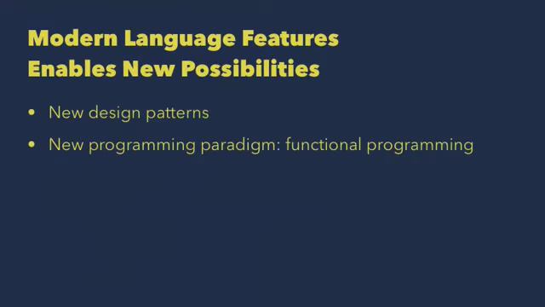For learning, the reason I will give is, first of all, the new features. New features enable new possibilities in terms of new design patterns, especially with generics. It basically opens another door for a large number of new design patterns that can be used for iOS development.